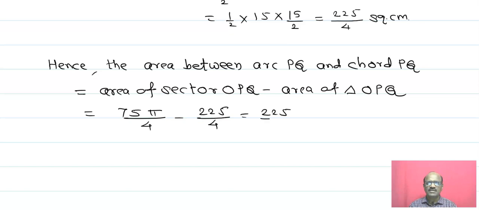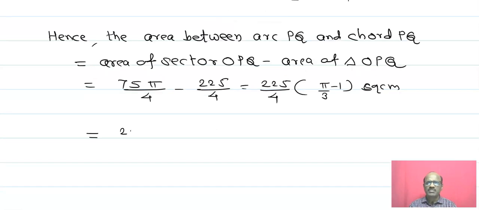Therefore, we'll take 225 upon 4 as common, then in bracket you will get pi by 3 minus 1 square centimeter. That is 225 by 4 into (pi by 3 minus 1) square centimeter. This is the required area.